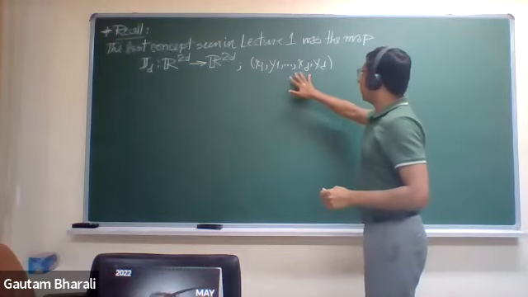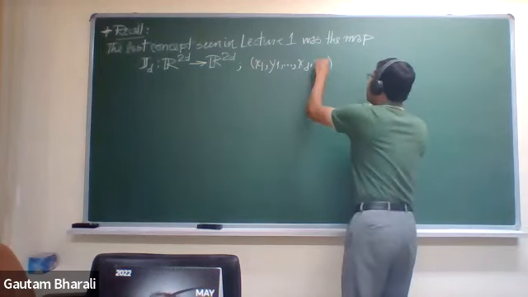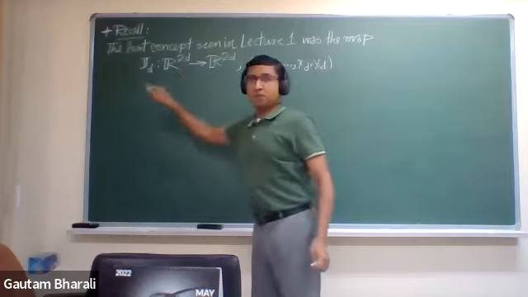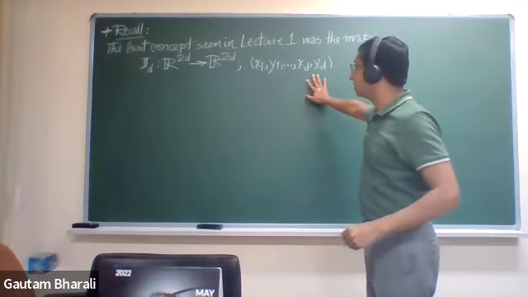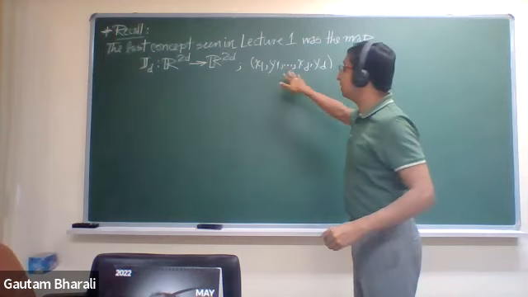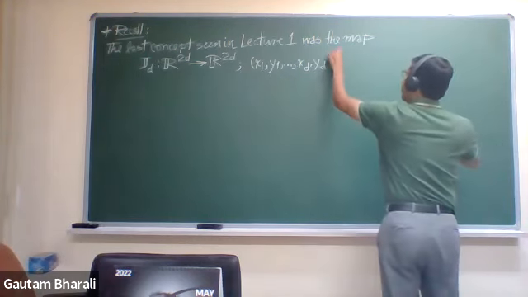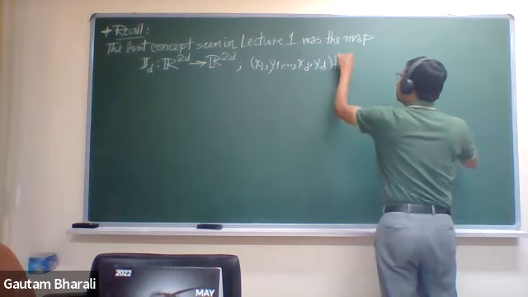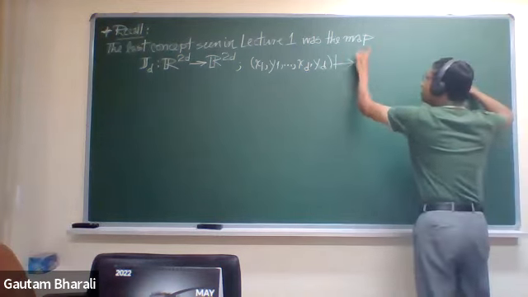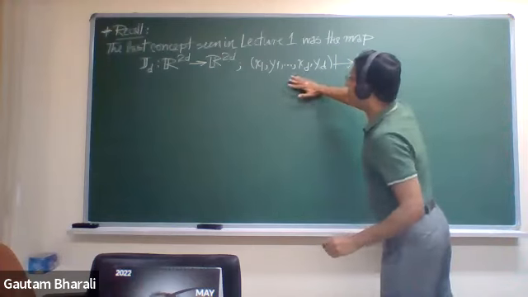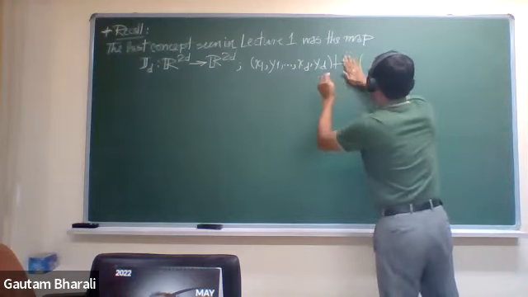Remember, a general point in the 2D-dimensional Cartesian product of R with itself looks like this, and there is a purpose for the labels that I used, which you'll remember from the first talk.